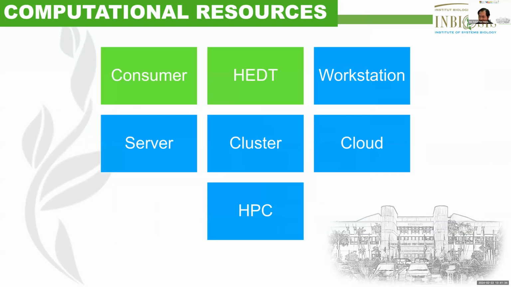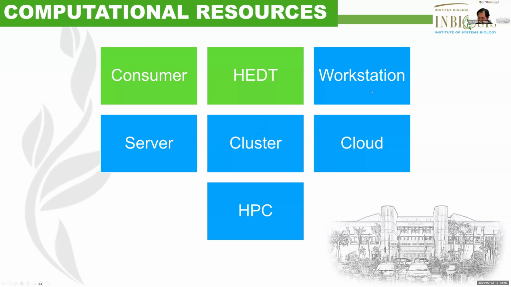In terms of computational resources, these are the different classes of compute resources that are available nowadays. When I talk about consumer, it's basically our laptops, our phones. Then we have a very niche class called high-end desktops. These are basically workstations for consumer or semi-professional purposes.